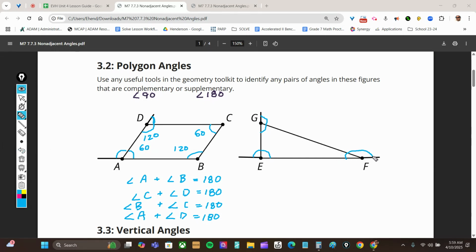Something like this. That will create supplementary angles if you extend those lines out.